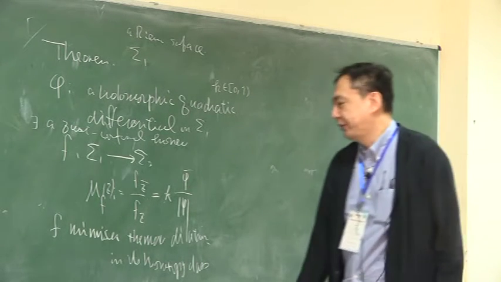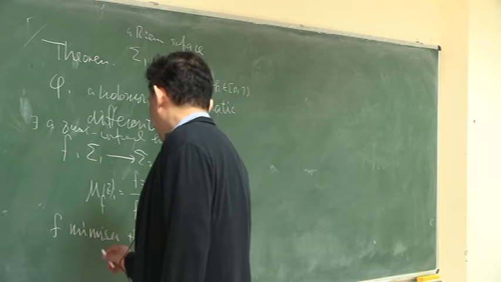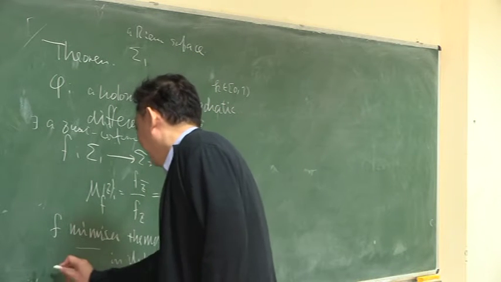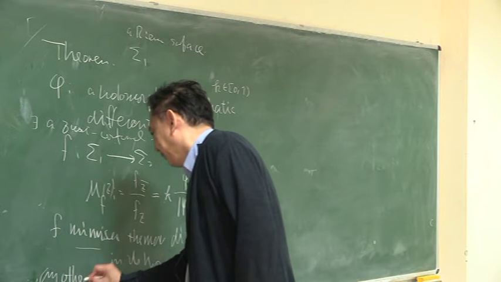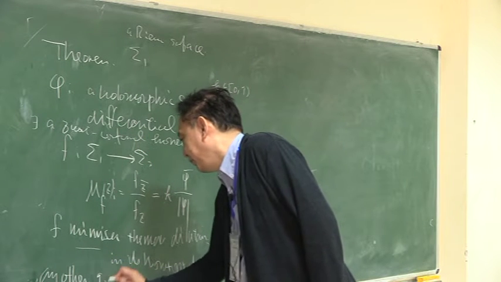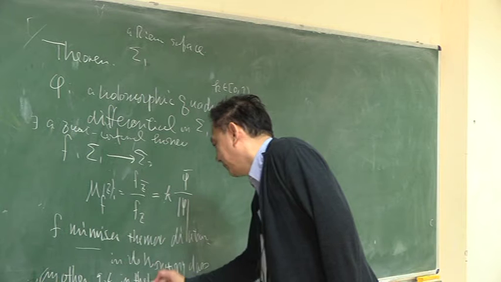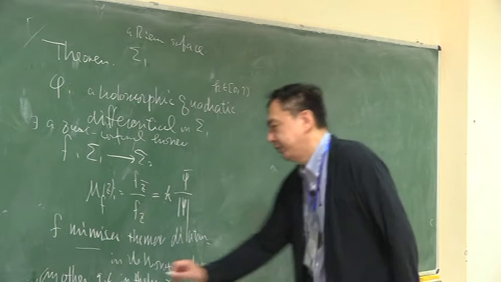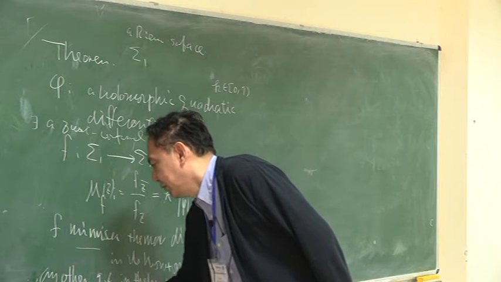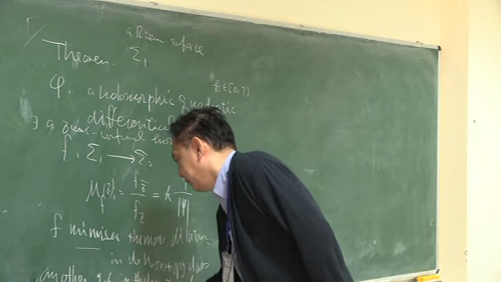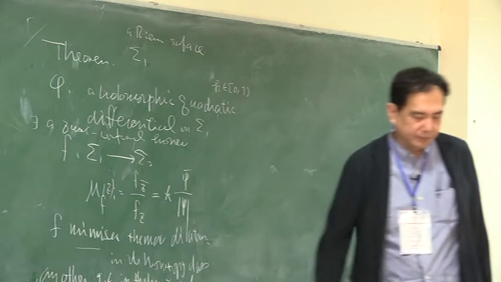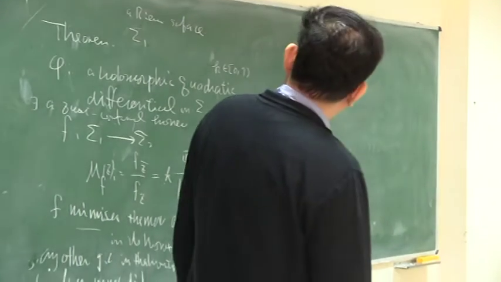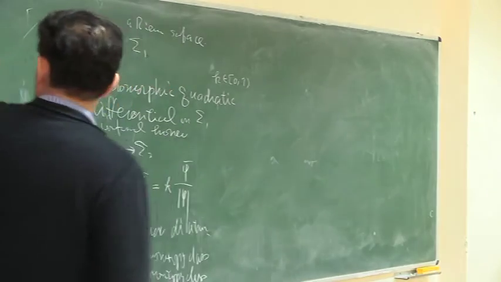And it's unique, so any other quasi-conformal map in the homotopy class has larger maximal dilatation. So that's the second theorem, which is a part of the proof of this theorem.